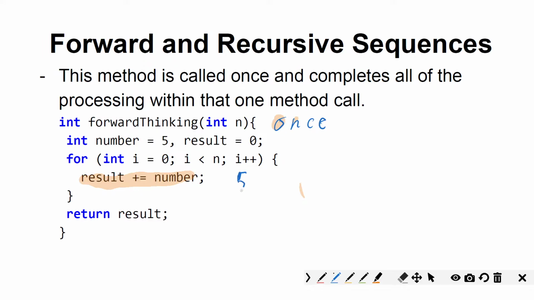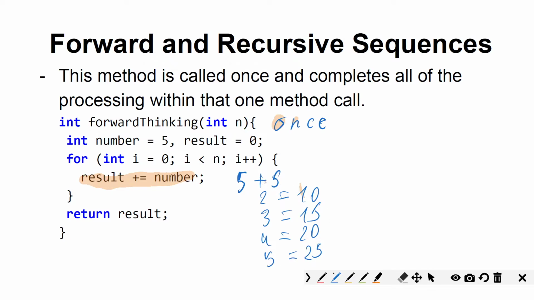As you saw before, we add 5 plus 5. First you have 5. Second iteration you have 10. Third iteration you have 15. Fourth iteration you have 20. Fifth iteration you have 25.